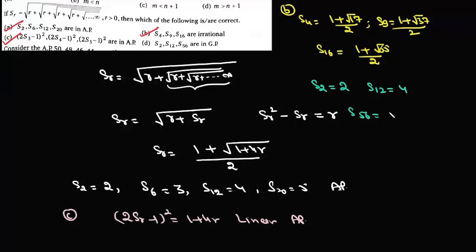Now S56 is (1 plus under root of 1 plus 4 into 56) whole divided by 2. Now 56 into 4 is 224, so it is 225, whose root is 15. So S56 is 8. So 2, 4 and 8 is a GP. So option D is also correct. So the correct options are A, B, C, D.